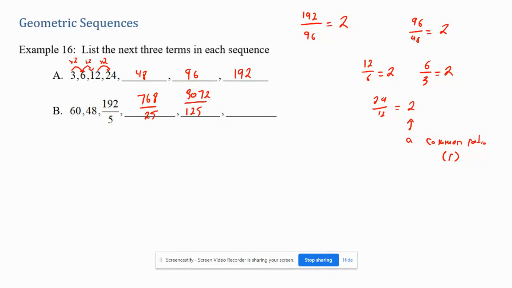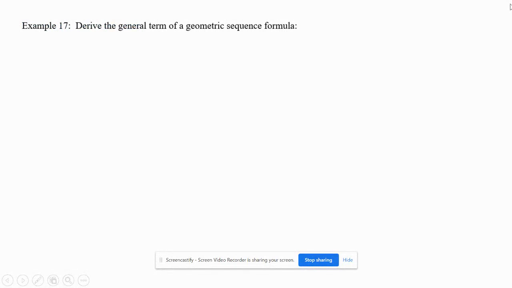Then if I do the same thing, times 4/5 one more time, I get 12,288 over 625. So there are my next three terms in the sequence.